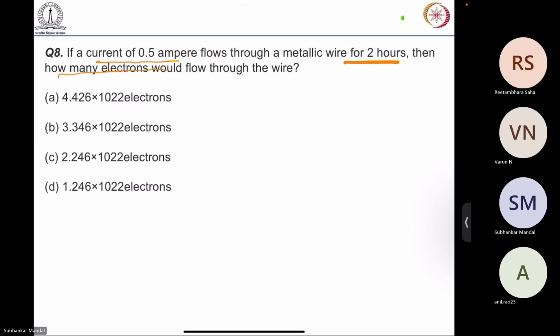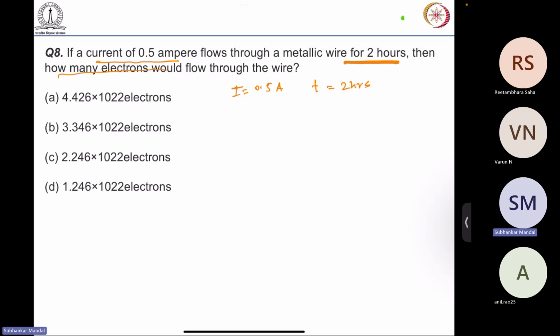Okay, so I is given, I is 0.5 ampere. Time is given, 2 hours. Okay, so what do we know? How can we calculate charge from these parameters?